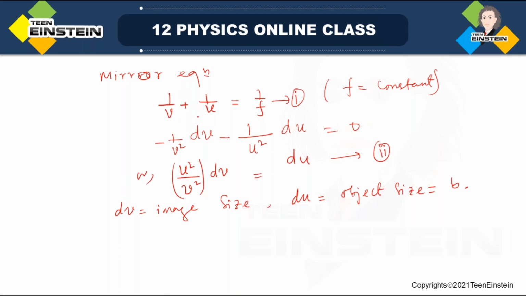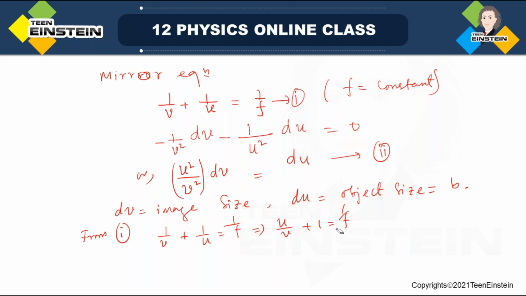Now look, if I go with the mirror equation 1, see from equation 1, what we can write? 1 by v plus 1 by u is equal to 1 by f. This I can write u by v plus 1 is equal to u over f.